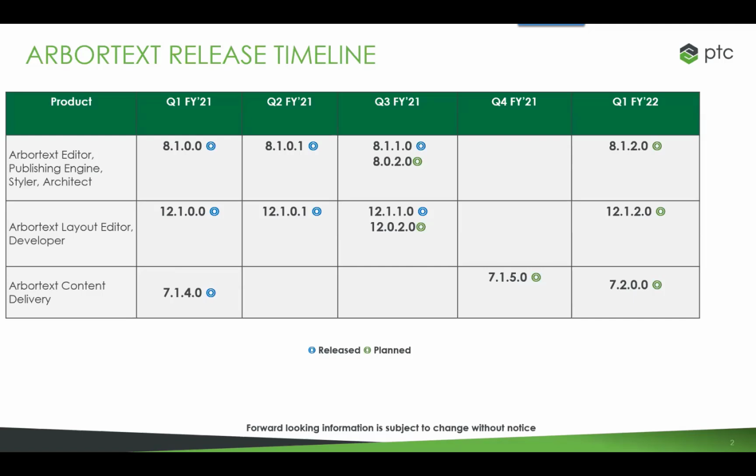And then in the same time frame, we also had Arbortext Content Delivery 7.1.4. Then earlier this year, we had our 8.1.0.1, 12.1.0.1, which were just minor updates. And then this past April was our maintenance releases, 8.1.10 and 12.1.10.